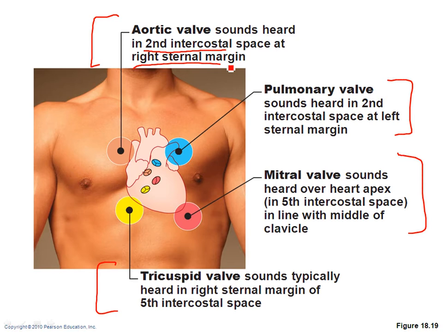As another example, for the mitral valve, or your bicuspid valve, over on the left-hand side of the heart, if you place the stethoscope in the 5th intercostal space, between your 5th and 6th ribs, in line with the middle of the clavicle, according to these instructions, you're specifically hearing the closure of the mitral valve.